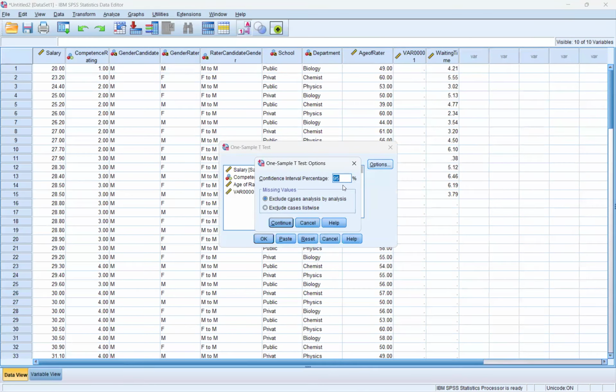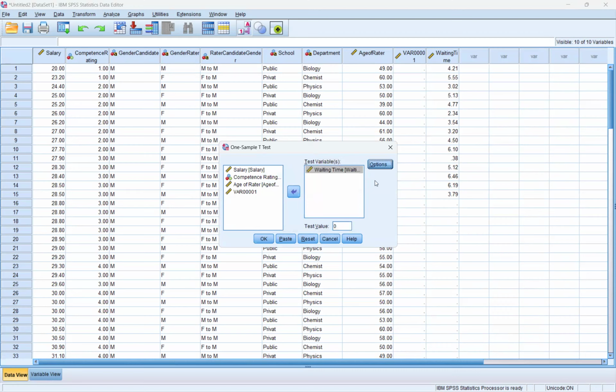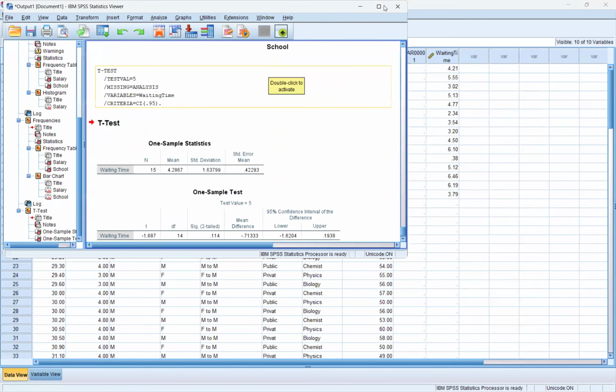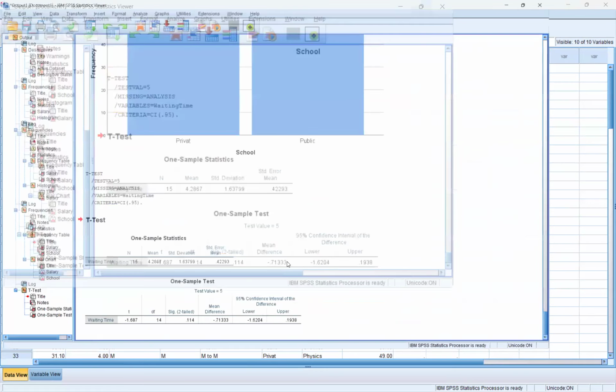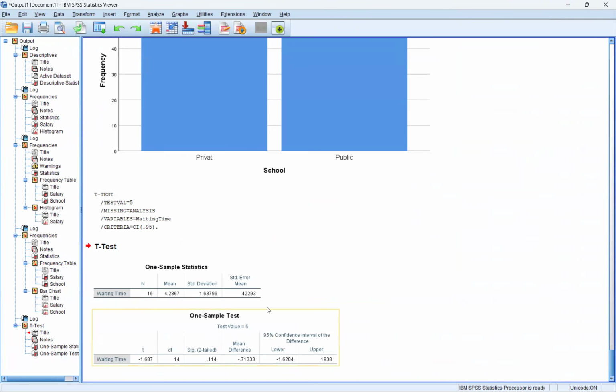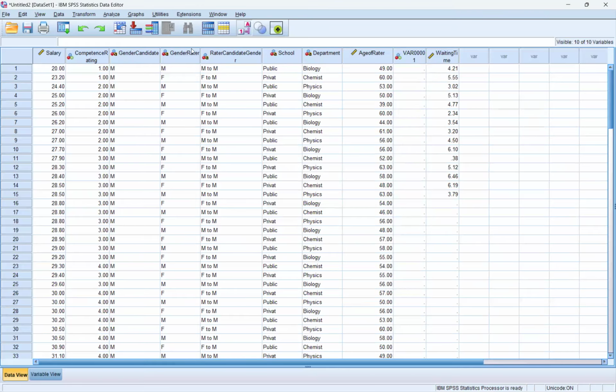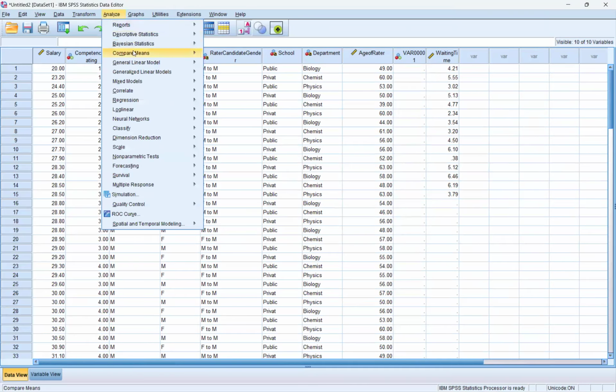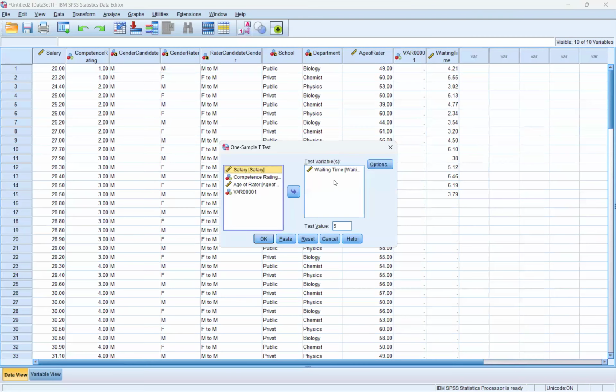Here it is asking for confidence interval. PHStat asks for level of significance. Our test value is 5, I guess. Not both tails, we should do single tail, no?